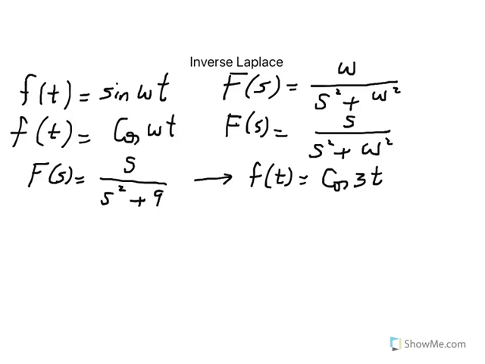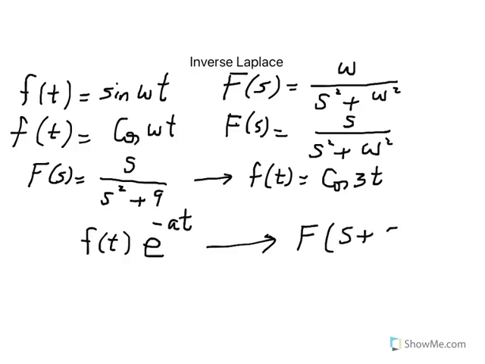Now, also, if you have some function of time, say f of t, attached to an exponential of the form e to the minus at, then the Laplace of this would be just whatever the Laplace of f of t is, but translated by a.